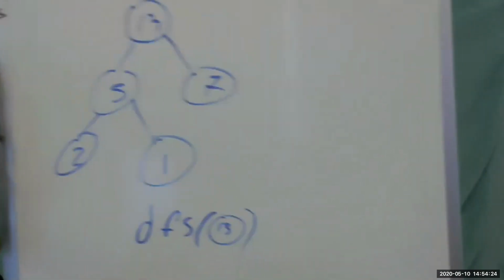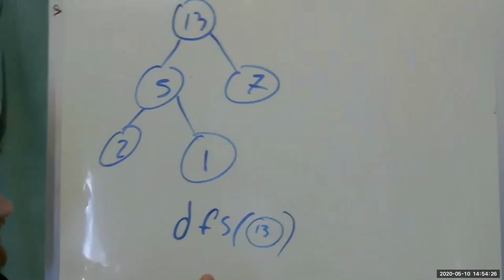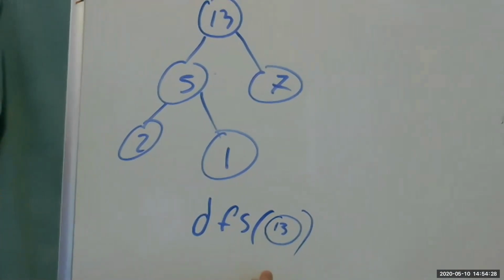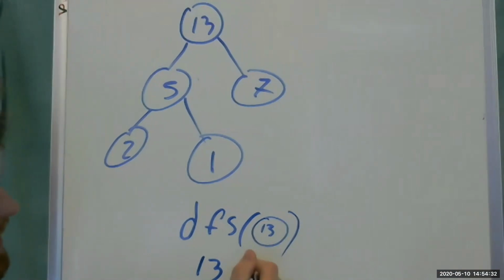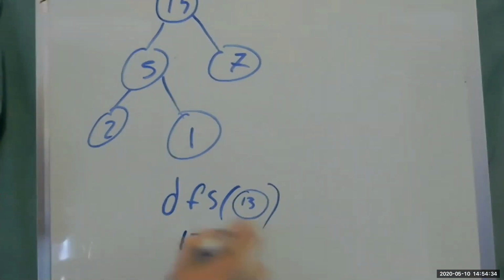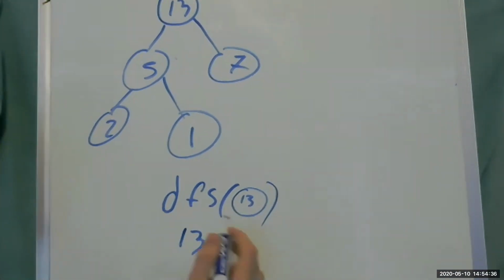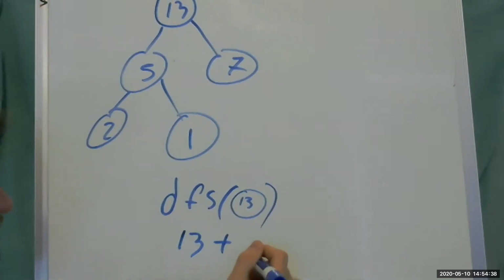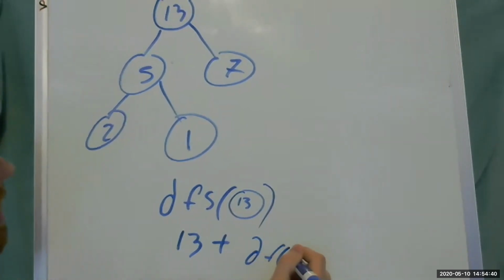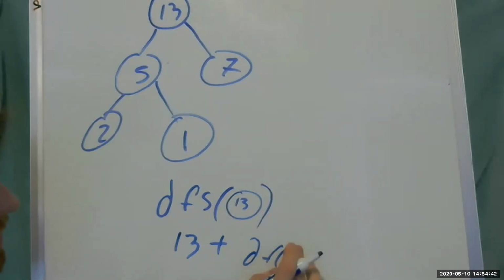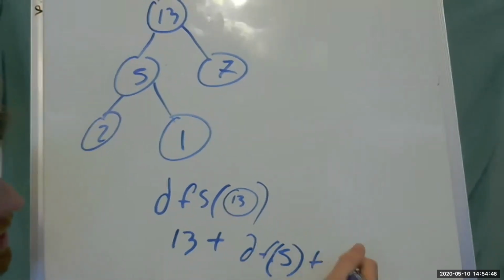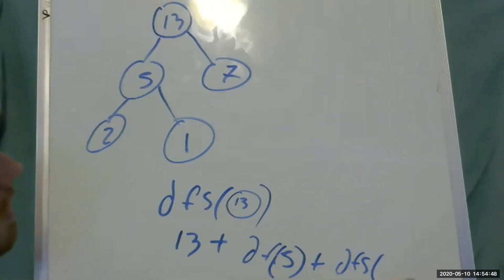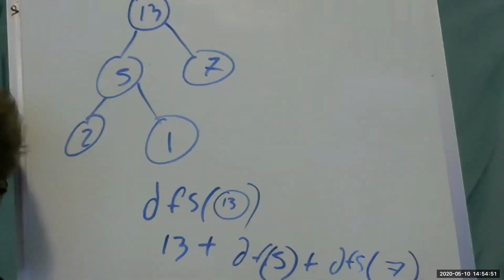Otherwise, we take our current value, which is 13, plus whatever we get back from those recursive calls. From our left child, DFS on 5, plus DFS on 7.